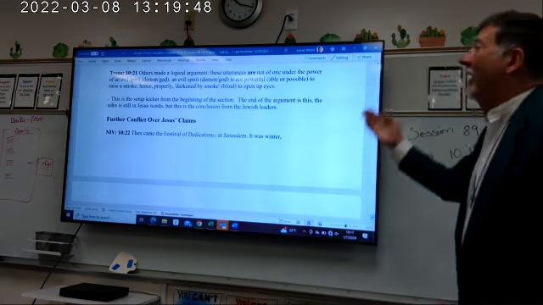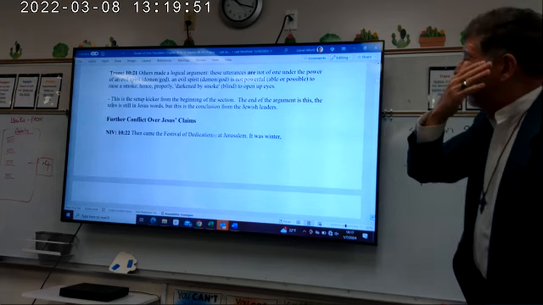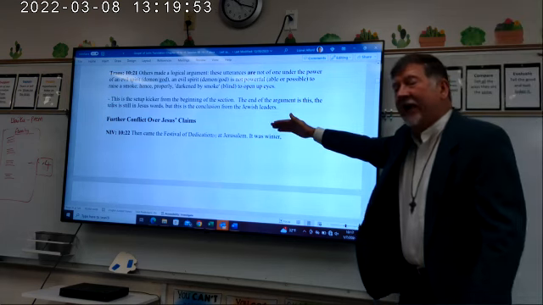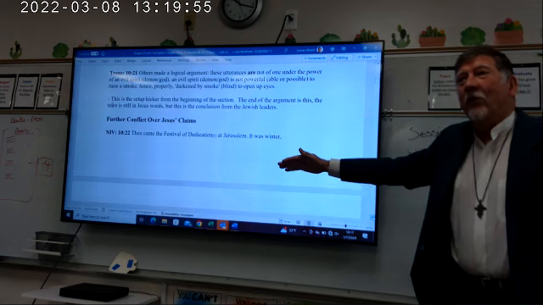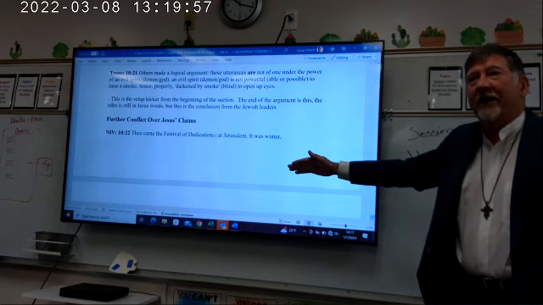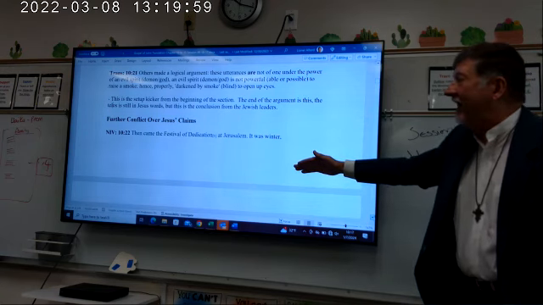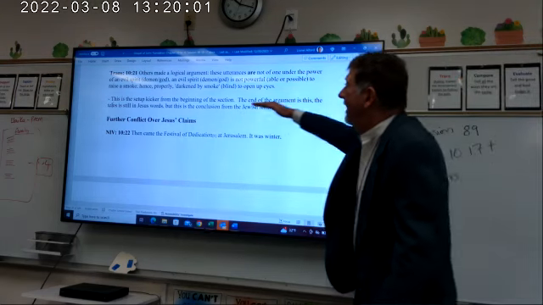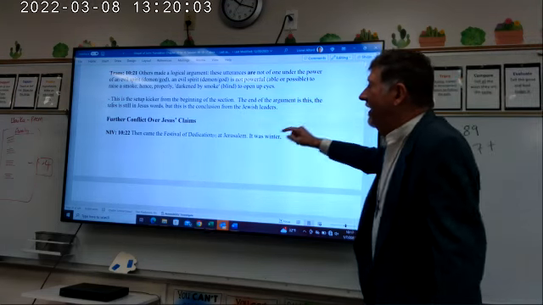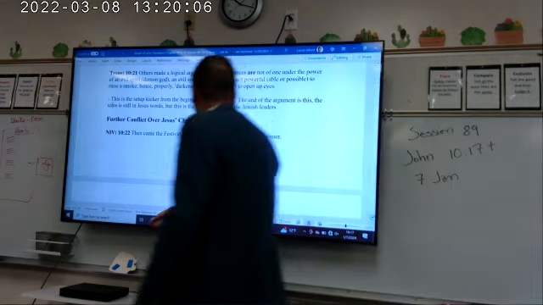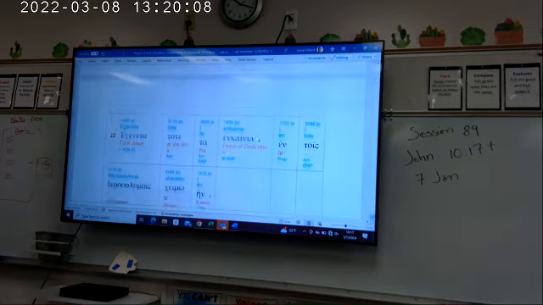All right, now, this is a section change. And you say, why didn't they put the chapter here? Because this is a no kidding section change. Because we go from this to, then came the Feast of Dedication in Jerusalem, it was winter. This is an interesting one.